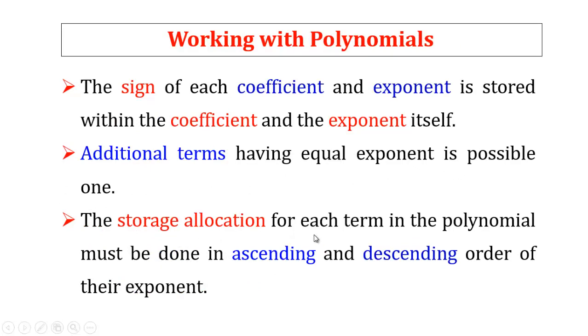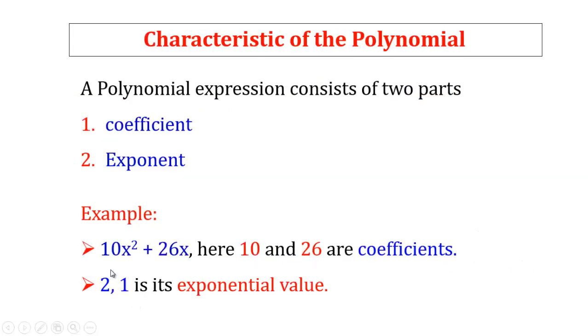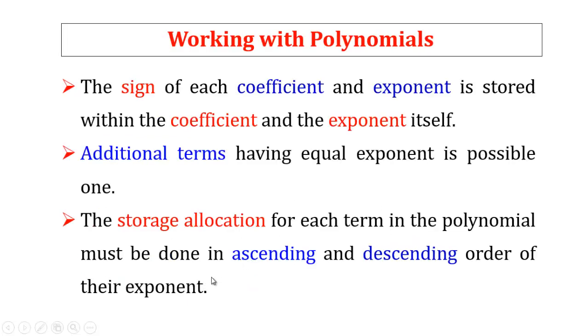And then storage allocation for each term in a polynomial must be done in ascending or descending order of their exponent. Take an example. If I have 10x^3 plus 10x^5 plus 10x^2, like this it goes on, it may be considered in ascending or descending order of the corresponding exponent. The exponent decides which is the first one. Take 10x^3 plus 10x^5.